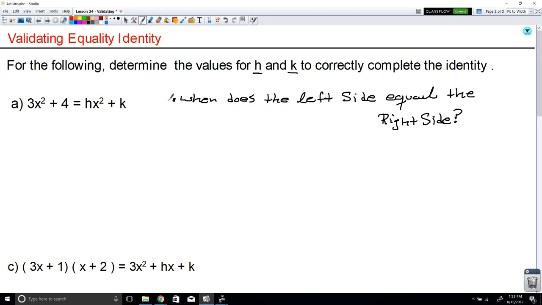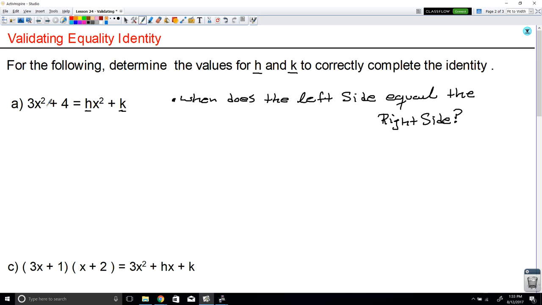That's a question we're trying to answer here. When is the left side equal to the right side? Or to be specific, if we look at the two expressions here, the left side and the right side, for what values of h and k is the left equal to the right?